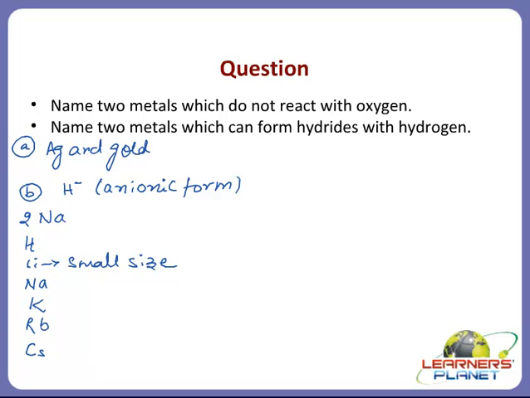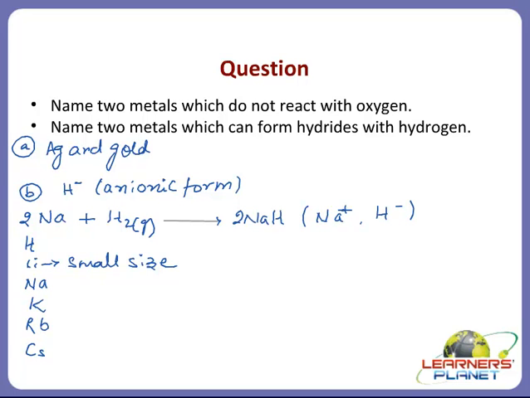When hydrogen gas is passed through heated sodium, it will form sodium hydride. So 2 NaH is formed. In this case children, sodium is present in electropositive form and hydrogen is present in its negative form.